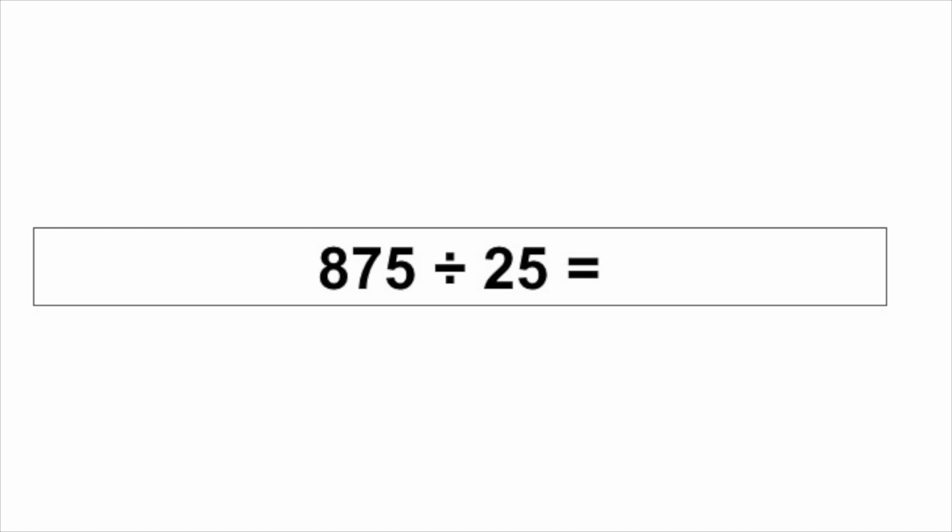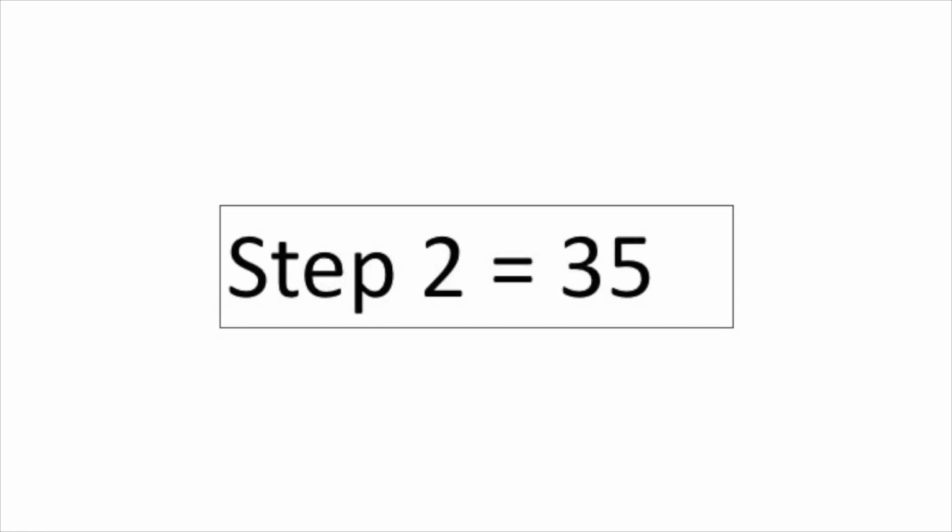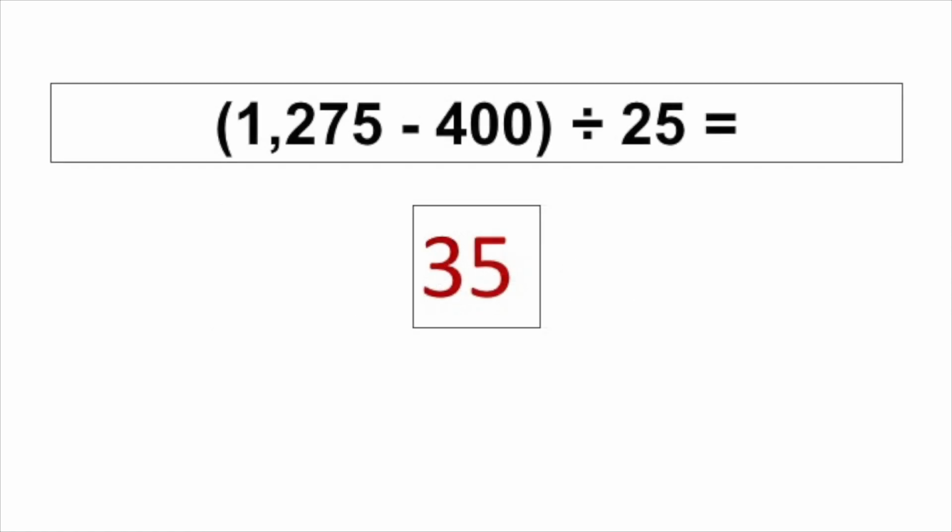875 divided by 25 equals 35. So now we have our answer. We can say 1,275 minus 400 and then divided by 25 equals 35.